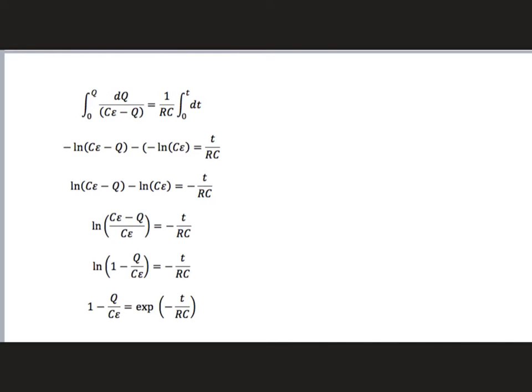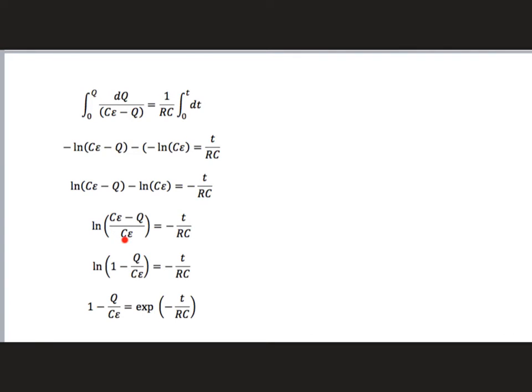So, if we combine these two logarithms, the difference of two logarithms you can write as a logarithm of the fraction, CE minus q over CE. This next step is a little bit tricky.